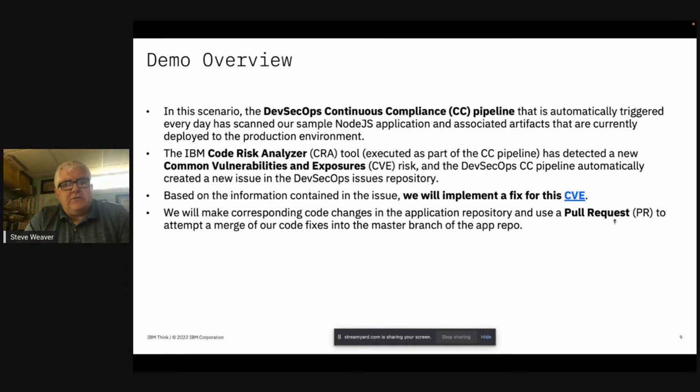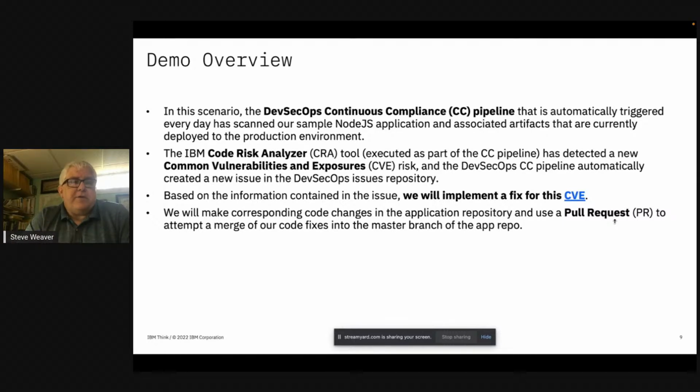As part of continuous compliance, we have a feature called IBM Code Risk Analyzer that's detected a new CVE risk inside of our running application in production. And the continuous compliance or CC pipeline has automatically created a new issue in our DevSecOps issues repository, and we'll take a look at that as we go through.